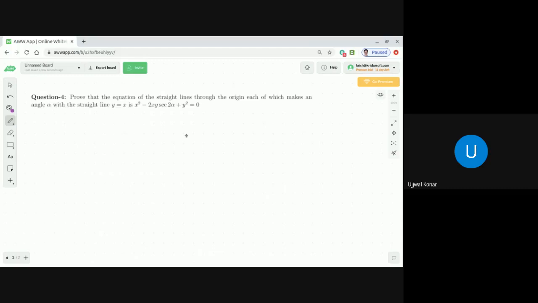Okay. Now let's visualize this particular problem to understand exactly what is meant by that. So for that let us first draw the coordinate axis. That is the most important part to draw. So let me draw it here.